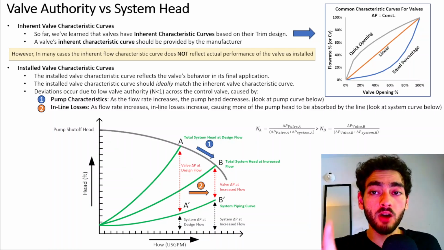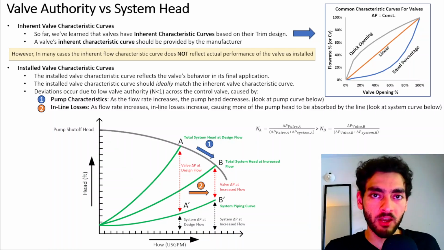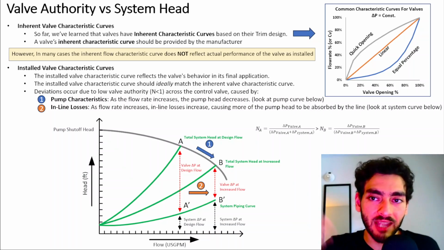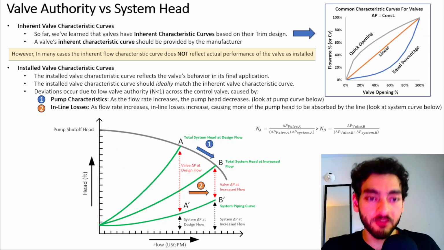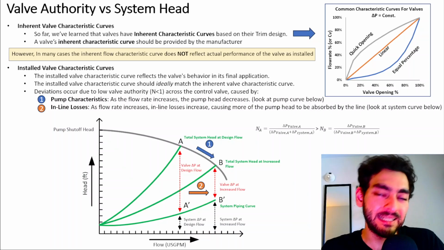I'm going to plot the inherent characteristic curve for the valve that the manufacturer provides, and superimpose on that the installed characteristic curve for the valve, depending on the context and the application of the example. And you're going to learn how to do it, and you're going to see the differences between them.